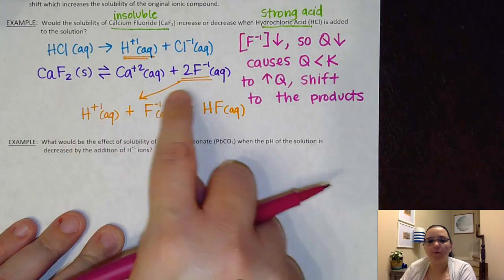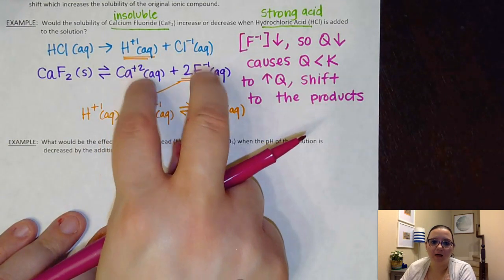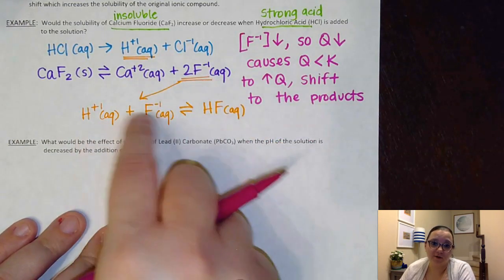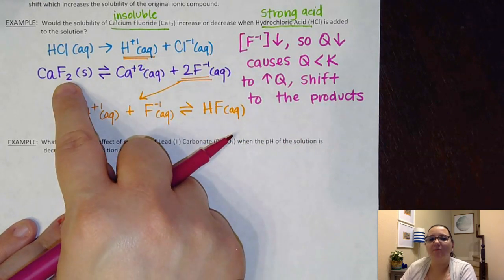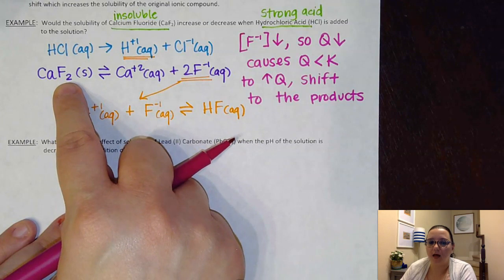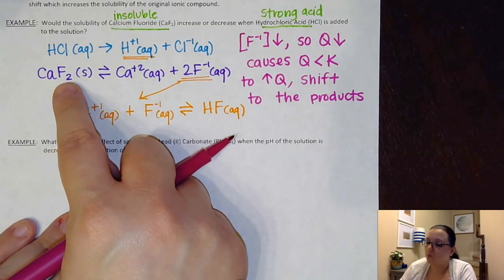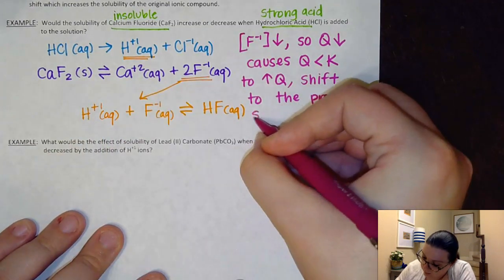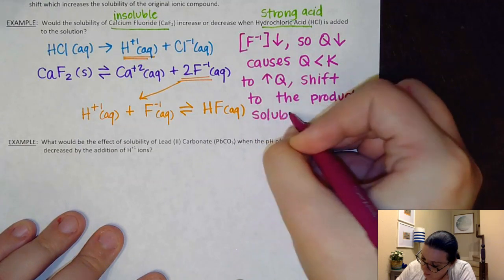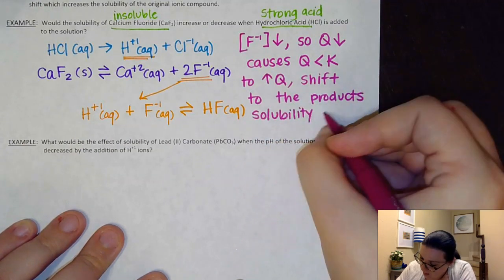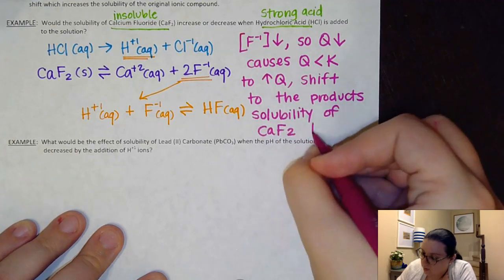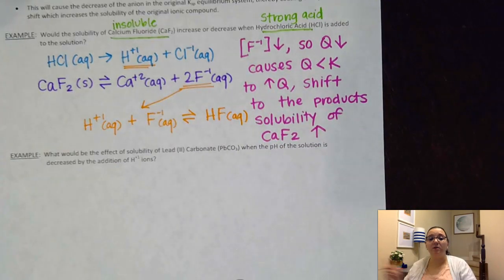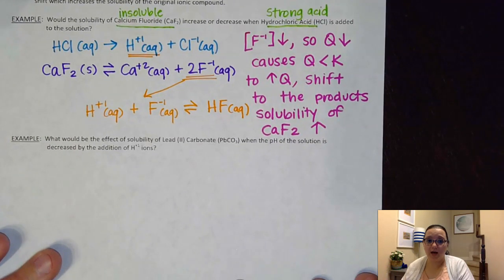However, if I'm constantly shifting to that product side and making ions, essentially until the hydrogen runs out, then that means I'm constantly dissolving the calcium fluoride. So what I'm doing is taking the solubility of the CaF2 and increasing it. It's constantly going to be dissolving more and more to get to that product side.